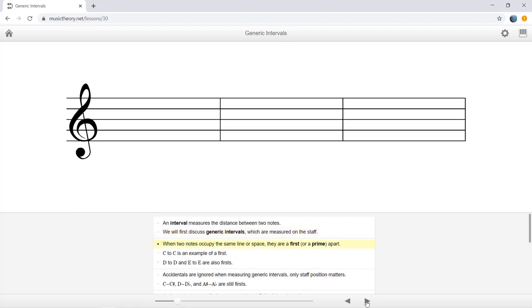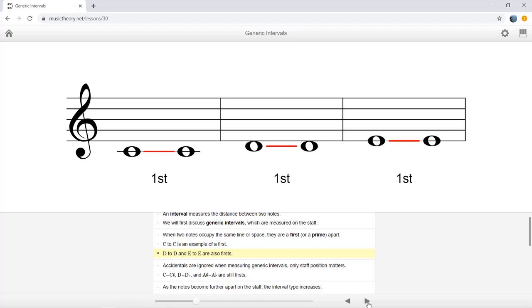Generic intervals. An interval that is on the same exact line or space is called a first or a prime. So here's three different examples of that. This is on the same exact line, same exact space, same exact line.